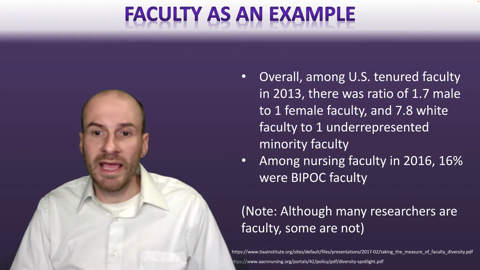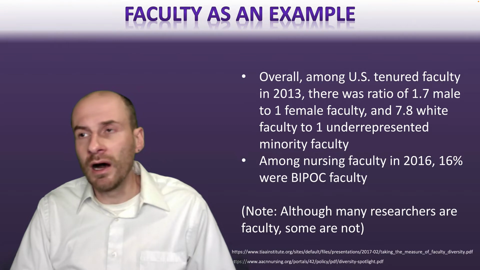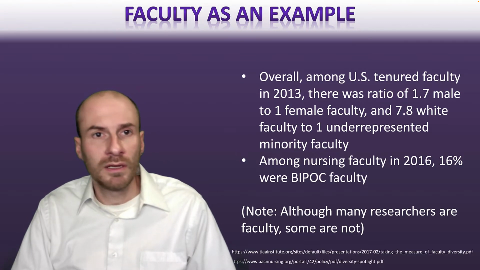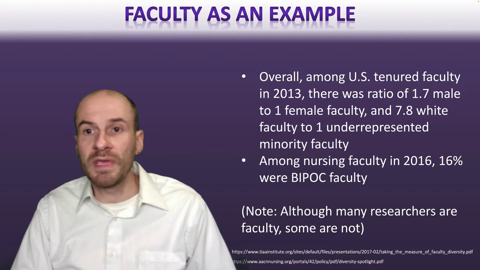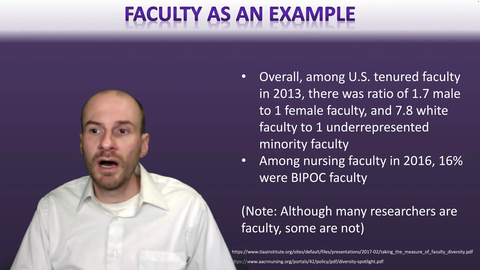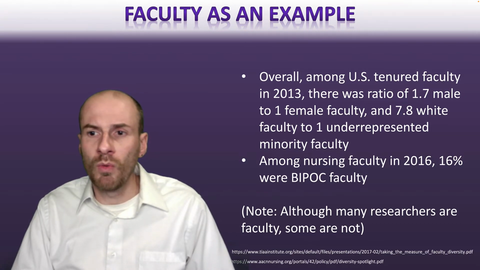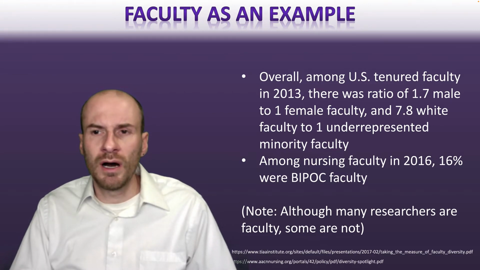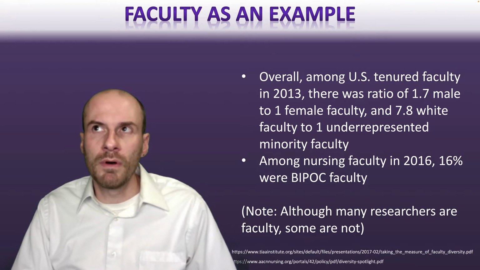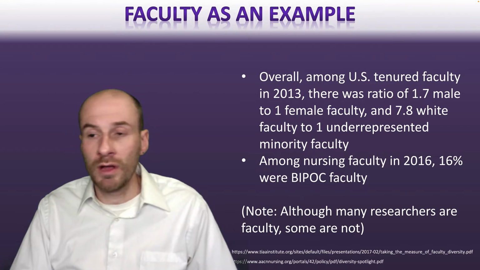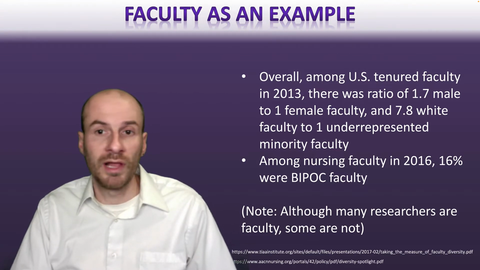There's 7.8 white faculty members to every faculty member from an underrepresented minority identity. If that were representative, that would be about 1.6. The point is that it's very skewed in terms of the number of faculty that are from backgrounds that hold a lot of privilege, right?